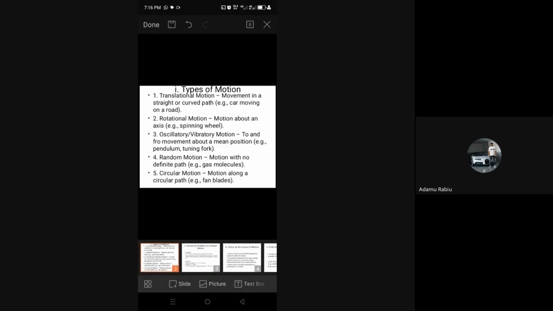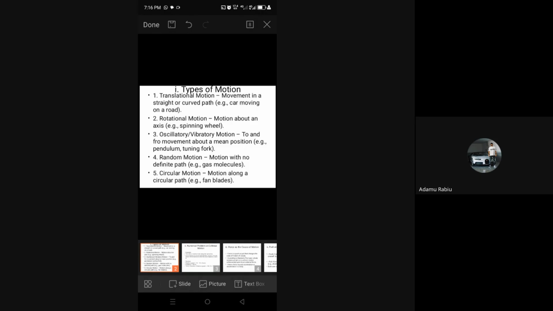The same thing with motion, all right? Just as Newton's first law of motion states that when a body is at rest or in uniform motion, it continues in that position unless it is acted upon by an external force.